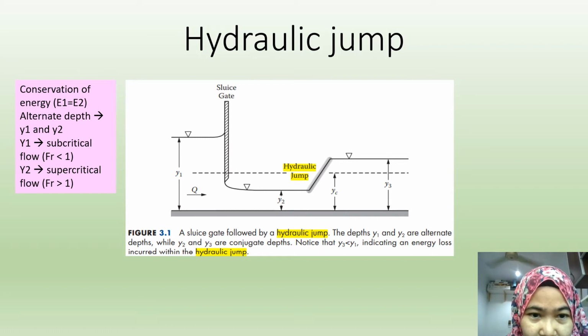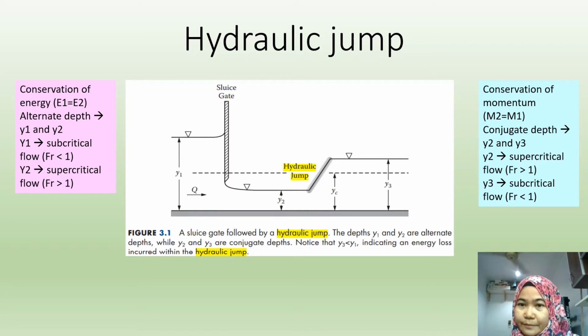And here it is called alternate depth. Y1 has subcritical flow and Y2 has supercritical flow. For subcritical flow, the Froude number is less than 1, and for supercritical flow, the Froude number is more than 1. So we have another situation here, which is conservation of momentum.